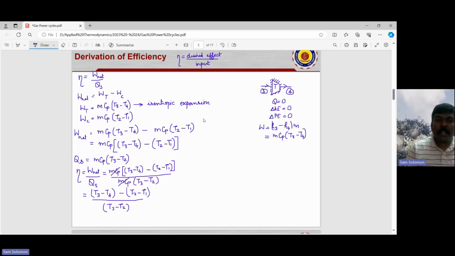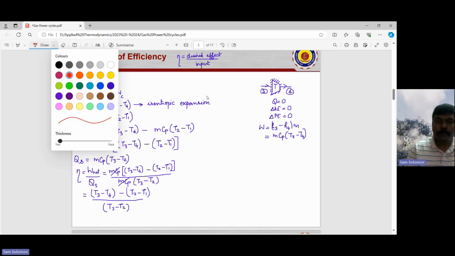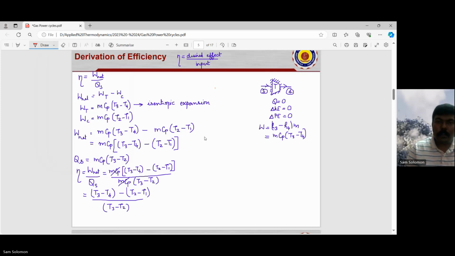Okay, so now let's focus on some of the processes that we have here. Let's look at process 1-2. That is isentropic compression, which follows the law PV^gamma equal to constant.